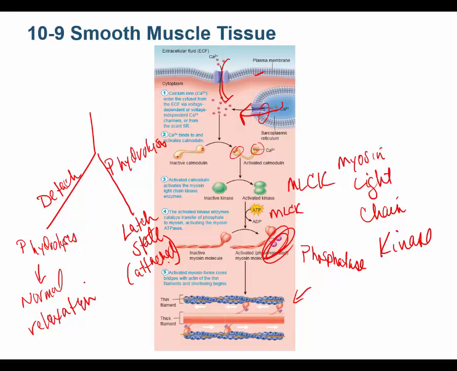Extremely high endurance. They can enter the latch state and not expend any more energy molecules. So that's the latch state of smooth muscle contraction. You have to hydrolyze the phosphates with phosphatase while attached, and you enter the latch state. If the myosin head detaches first, and then the phosphates are hydrolyzed, then you get normal relaxation.